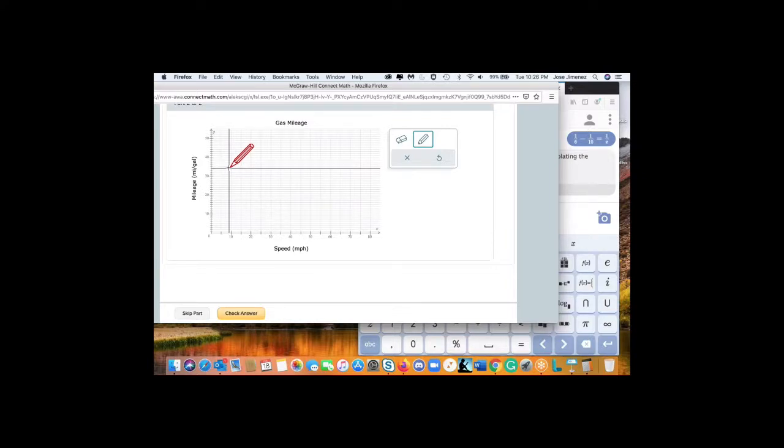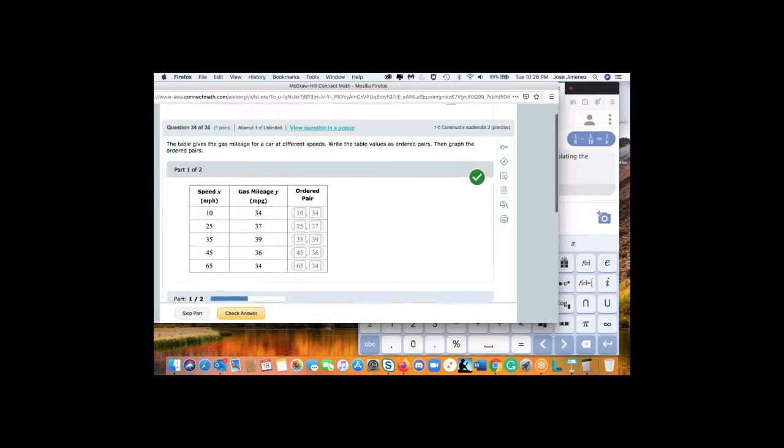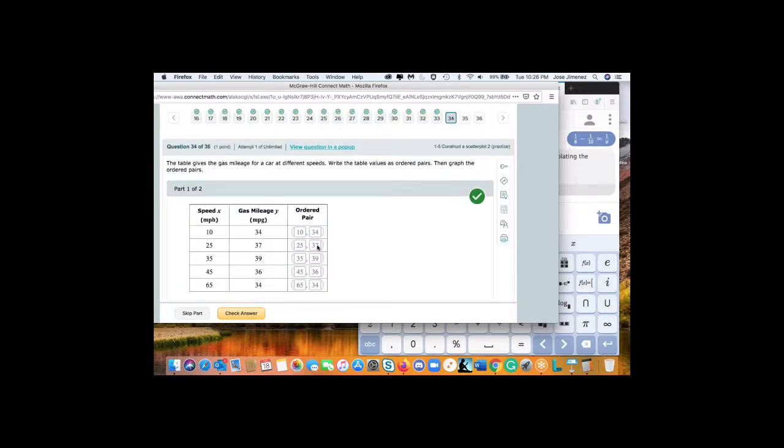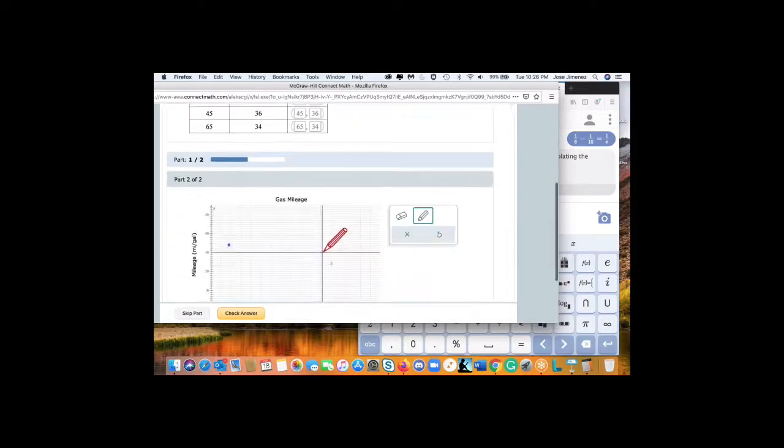One more, 4. Click. And that's the first point. And then you do the same for the second, third, fourth, and 5. Similar, and then that's it. That's all you do. Just take each point and graph it.